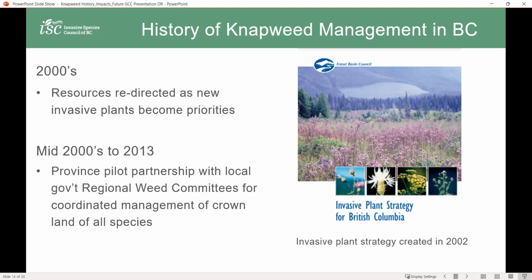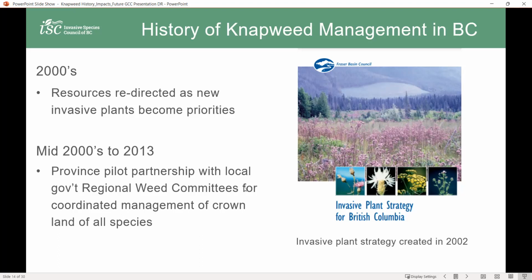Around the mid 2000s to around 2013, we saw the province engage local governments and regional weed committees in pilot partnerships whereby the regional committee or the local government would form a management program for doing not only knapweed control, but other weed control on Crown lands. The program encompassed all of the different jurisdictions in the area.